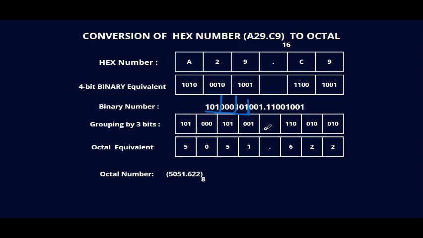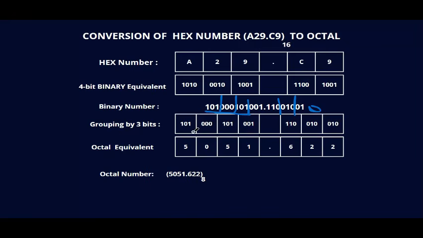Now for the fractional parts, we start dividing into groups of 3 from the right of the binary point. Here we have a leftover 2 bits. So we add another 0 to it. So the 3-bit representation for the fractional part is 110, 010, and again 010.